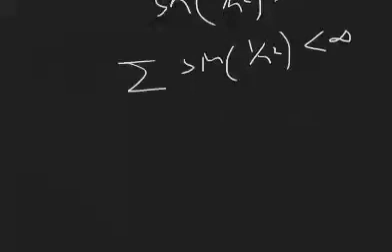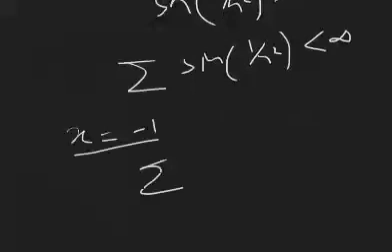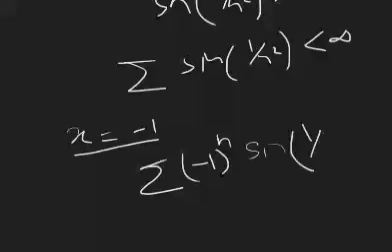Now we consider the other case, x equals -1. Then you get an alternating series, sine of 1 over n squared.